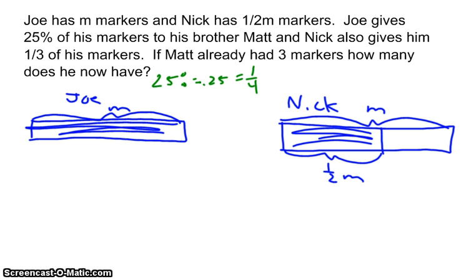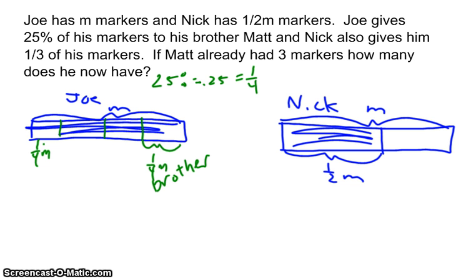So I will split my M up into 4 pieces, because I am getting rid of 25% of this. So each one of these would be 1/4 of an M, and that's what I'm giving to his brother. M to brother.